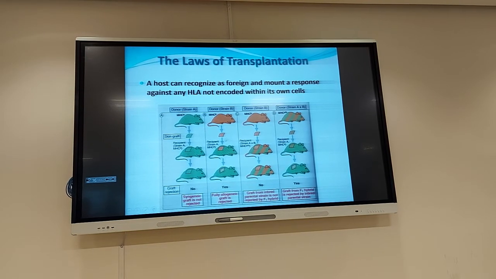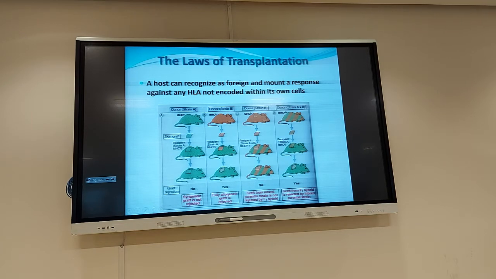And so the recipient's immune response is attacking this grafted skin from strain B. If you mate strain A and strain B together, your hybrid has molecules from both strain A and strain B. And then you take the parental strain B skin and put it into this hybrid.